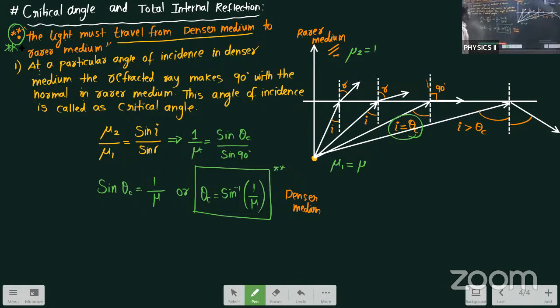Let us move on to the next thing, that is total internal reflection. What is the definition of total internal reflection?